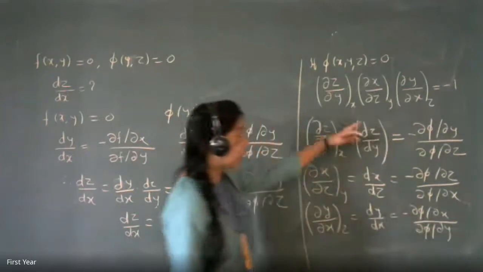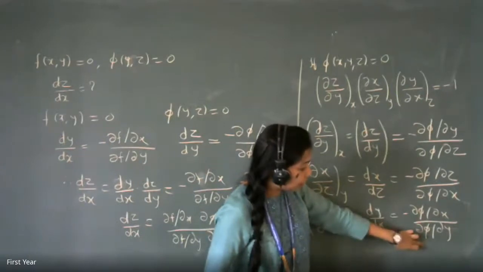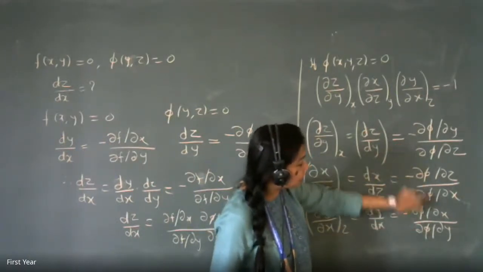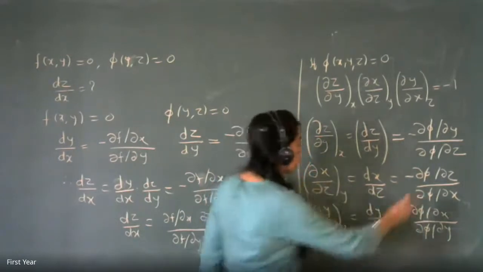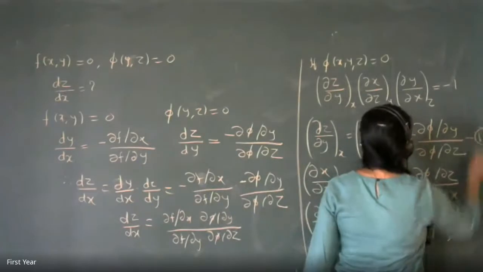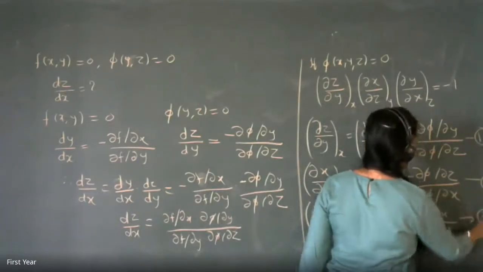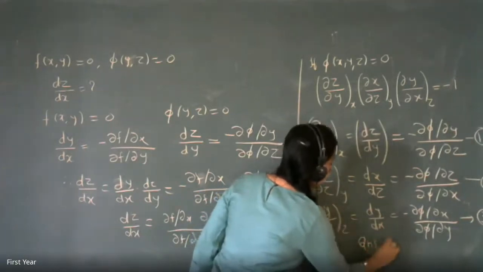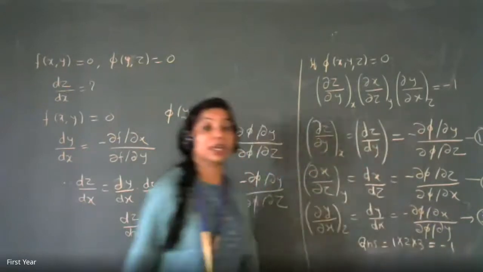And you see that del phi by del y is in the numerator, this is in the denominator, it cancels. This is in the denominator, this is in the numerator, cancels. Phi with respect to x is in the numerator, this is in the denominator, and therefore the answer will be minus 1 into minus 1 into minus 1, which is minus 1. All the terms are getting cancelled.